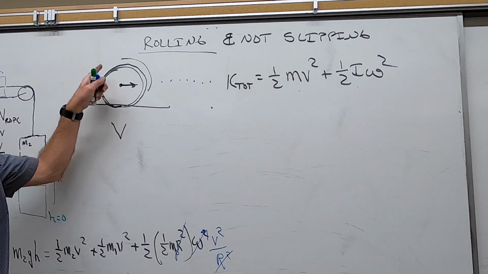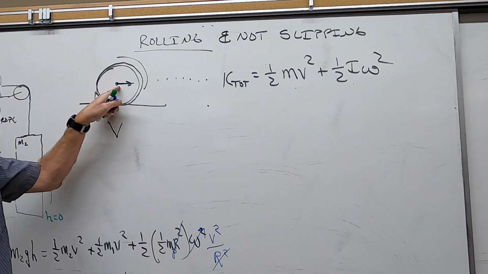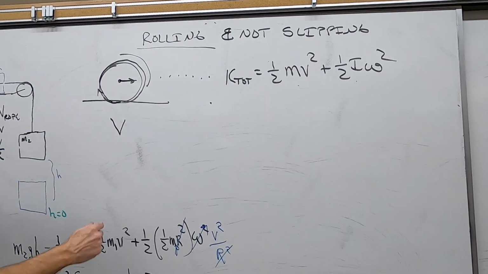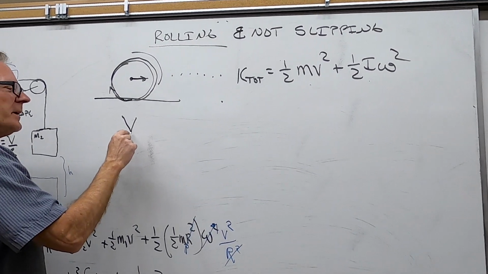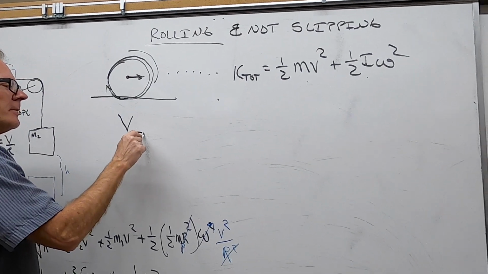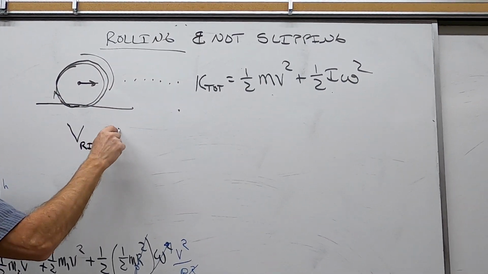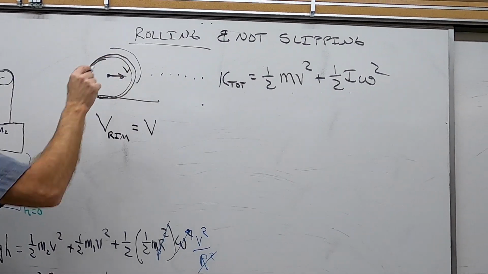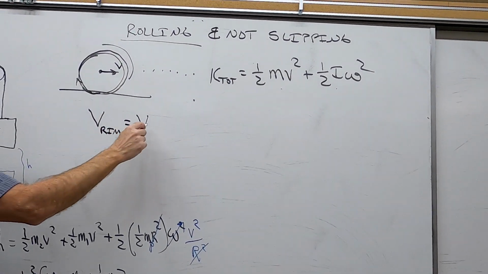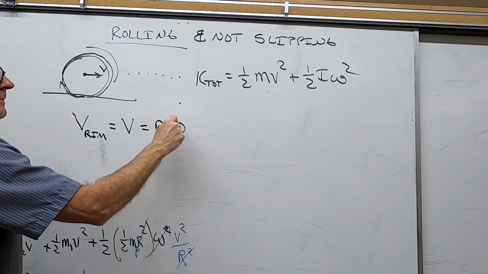Why? Because every time this thing goes one circumference, it's going to move one circumference right there. So the speed of the rim is the same as the speed of the object moving, which we call just v. There's v right there. And the speed of the rim is r omega.